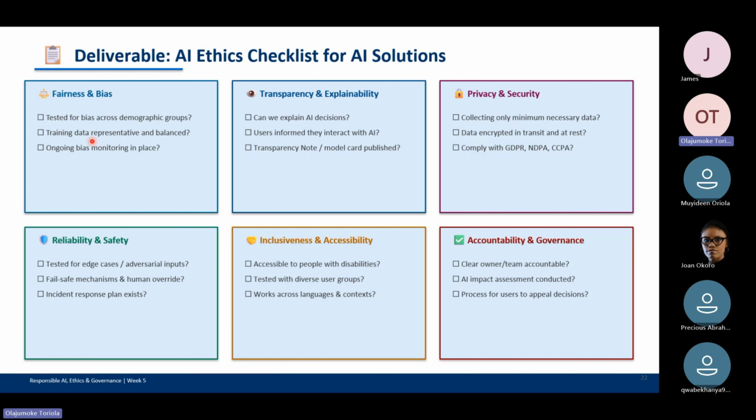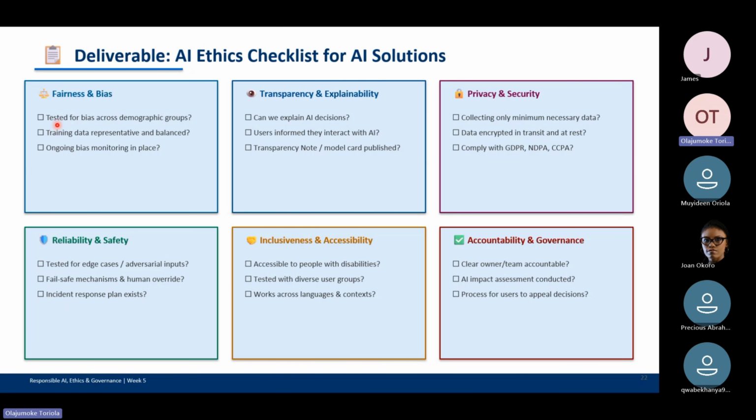So your checkbox will be, at the end of the day during your presentation, I want to see this AI ethics checklist for the AI solution you built. You are saying that it addresses fairness and bias. This is actually part of your scoring metrics.